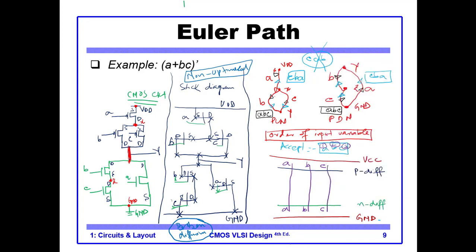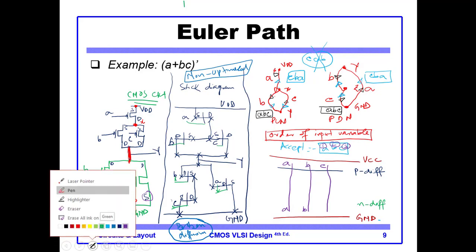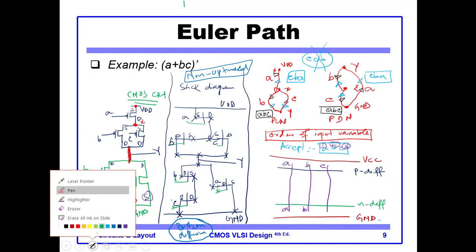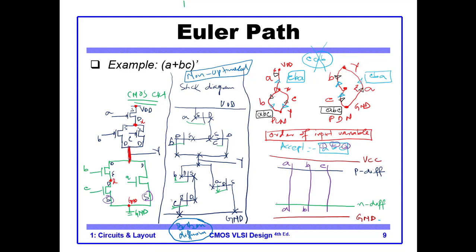Now you see here that the source of C and the source of A are connected to ground. Let me draw the connection, sorry, in a different color. So let's say this was our N diffusion, and let's say I mark the interconnection in black.